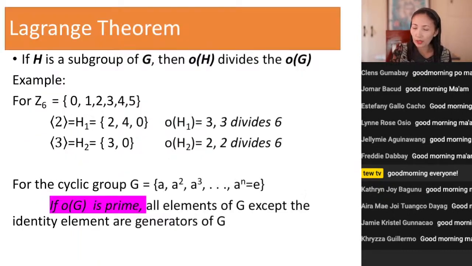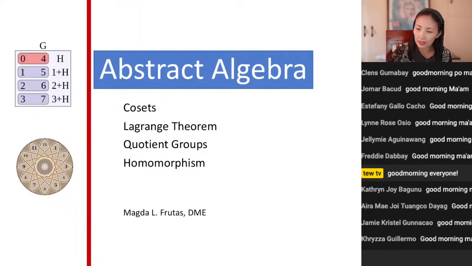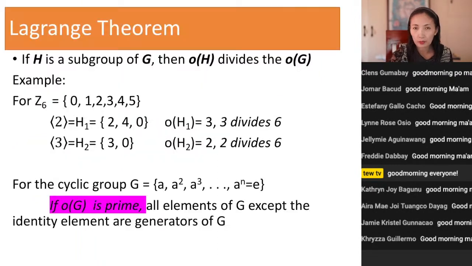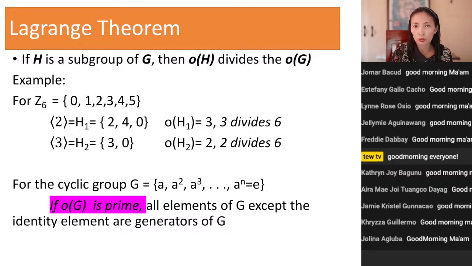So we begin with the concept of, although I have listed cosets in my title slide, or should I say the first slide, we will begin with the Lagrange Theorem because we shall take off from subgroups here, and look into order of the group and its subgroup.